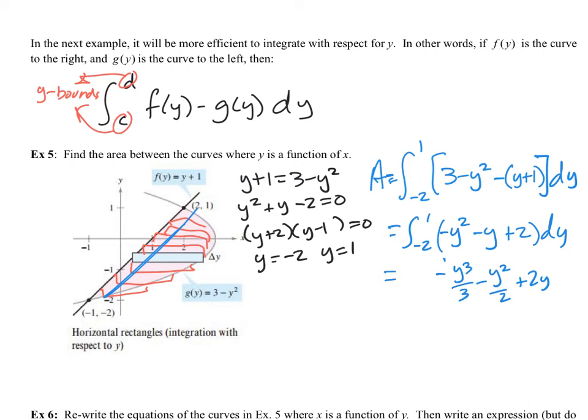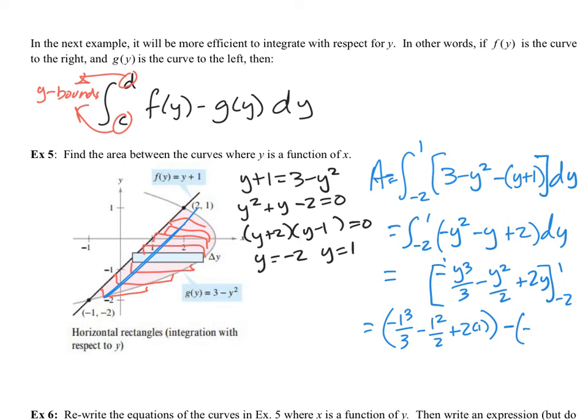But we're going to now evaluate that antiderivative from -2 to 1. So then we'd have negative 1 to the third over 3 minus 1 squared over 2 plus 2 times 1. Let's put that in parentheses, and then we're going to subtract from that the antiderivative evaluated at -2.